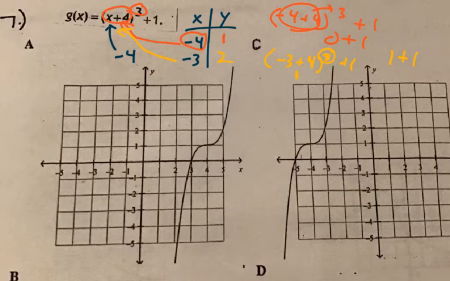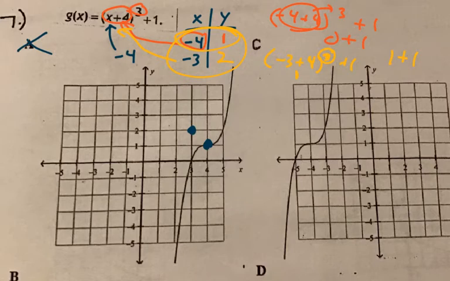So I'm just going to go to my graphs and find which is the only one that has those 2 points. Sometimes all you really need is the 1 point there as well. But let's find out. If we go to negative 4, 1, ooh, right there, that works. If we go to negative 3, 2, uh-oh, A is no good.